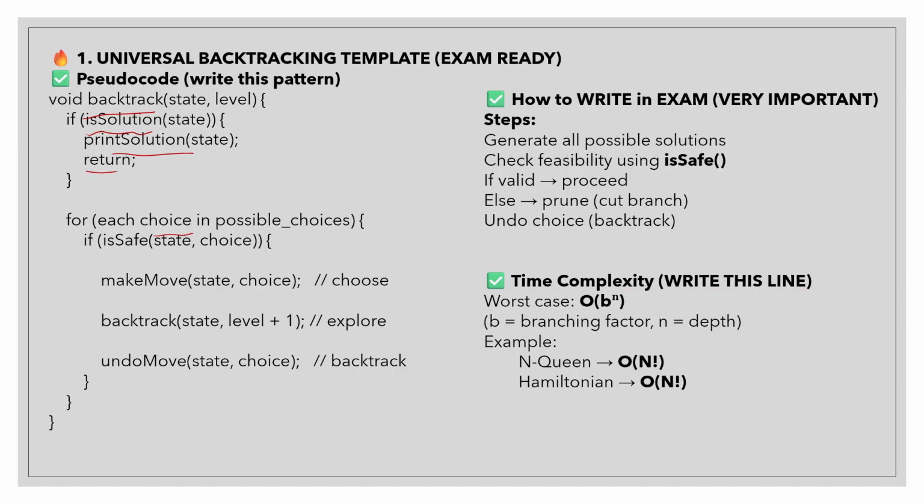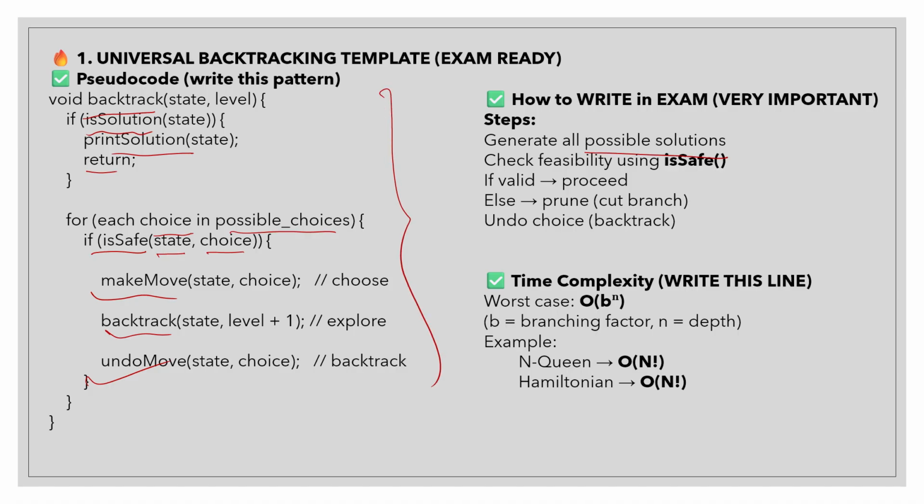For each choice in possible choices, if is safe, you give the state and the choice. If it is safe in this state and this choice, you make the move. And then you backtrack, and if you get a better chance, you undo the move. Simple template, nothing complex. Just know the steps.